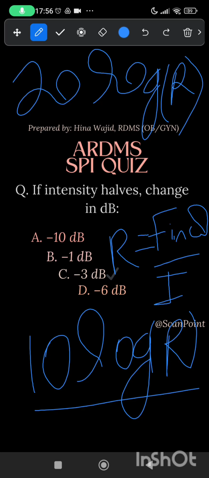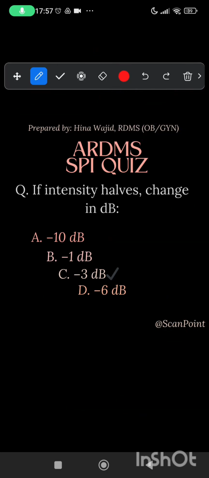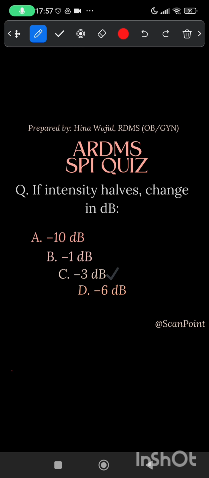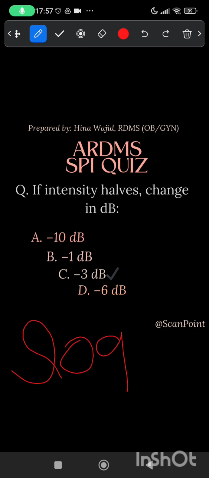For example, if intensity was 1 and then it changes to 100, our ratio will be 100 divided by 1, so our ratio is 100. Now we have to find the log of 100.